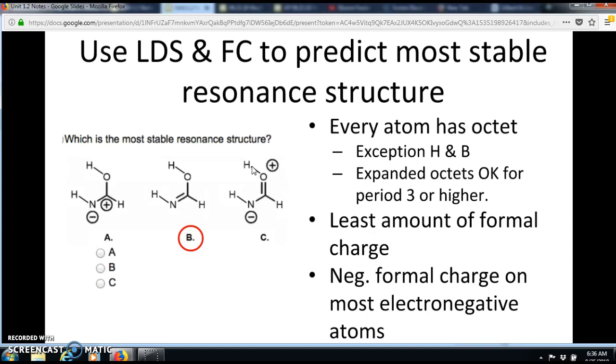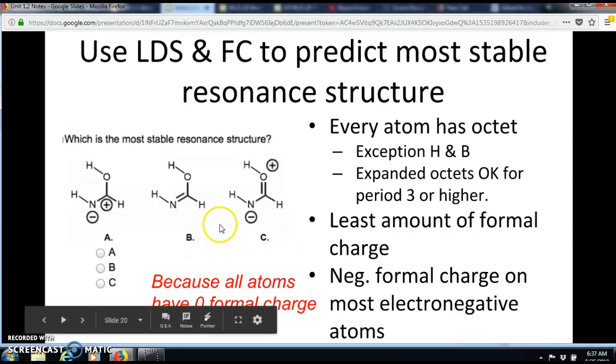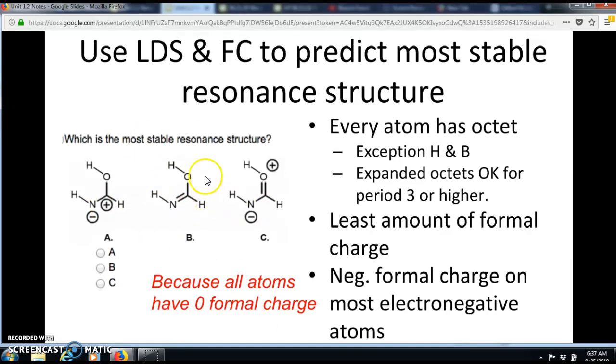These rules are in order of priority, so you want to focus on giving every atom an octet, and you want to focus on minimizing the amount of formal charges. So the answer for that one was choice B, and that's because all of the atoms have a zero formal charge here, whereas these, they have formal charges. So B is the most stable.